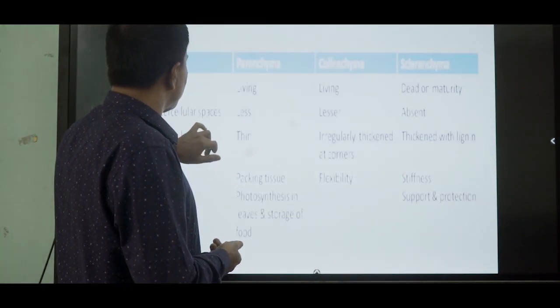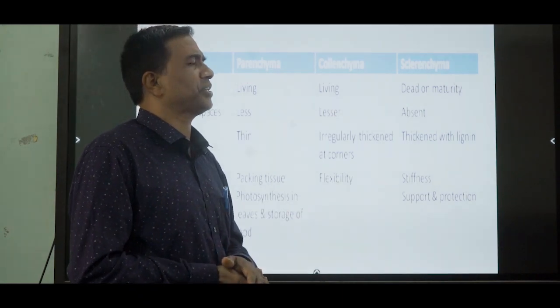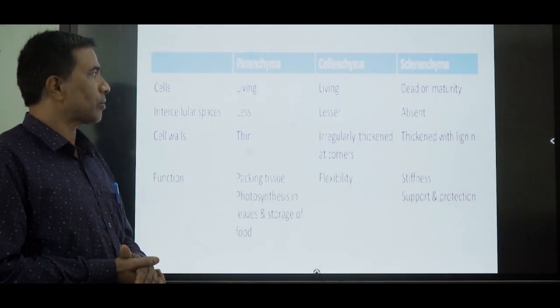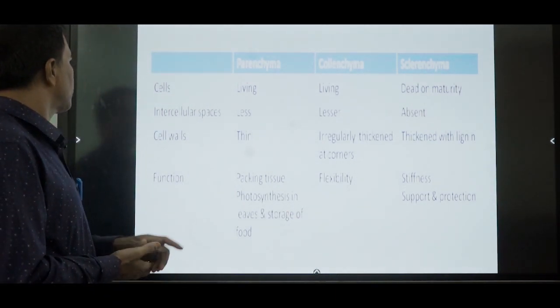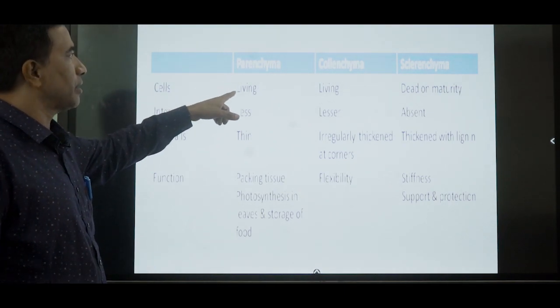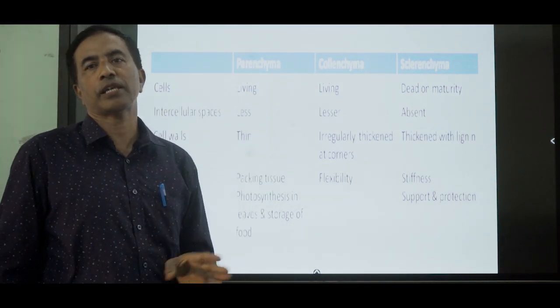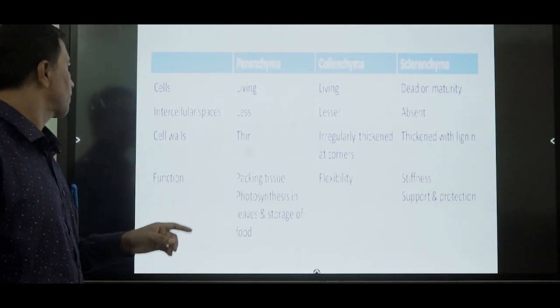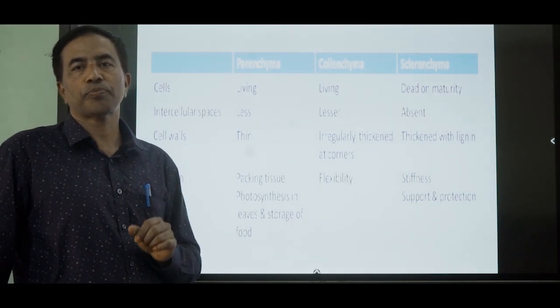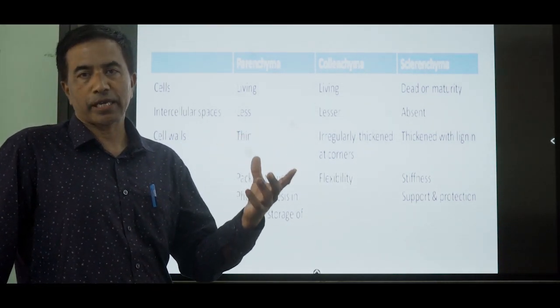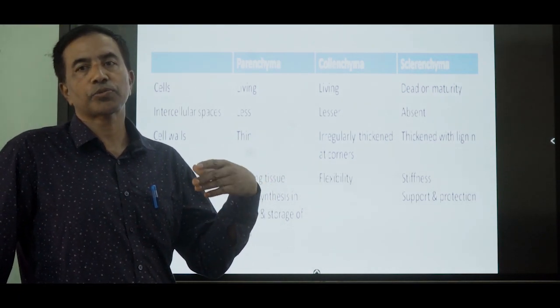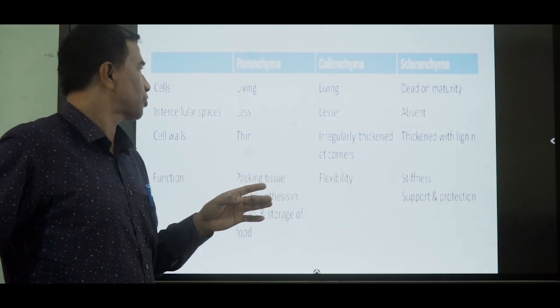If we see the difference between parenchyma, collenchyma, and sclerenchyma: parenchyma cells are living, collenchyma living, but sclerenchyma is dead tissue. Intercellular space is less in parenchyma, lesser in collenchyma, and absent in sclerenchyma.